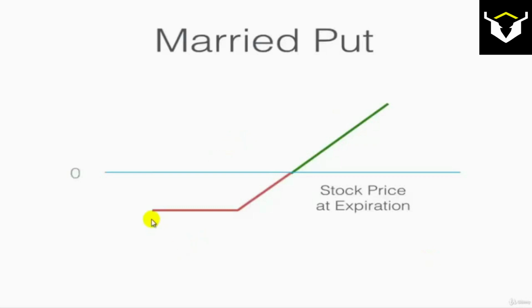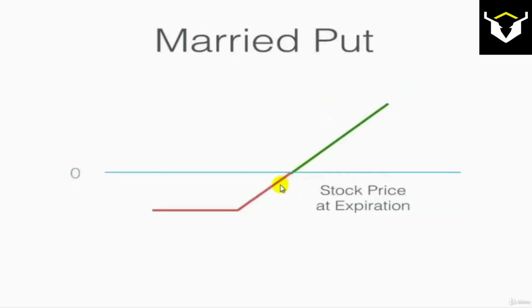The red line indicates the loss zone. The blue line is where your position will break even, a no profit, no loss scenario, and the green line shows your profit potential. So even though your upside continues to stay unlimited, all you can lose is the premium value of your bought put.